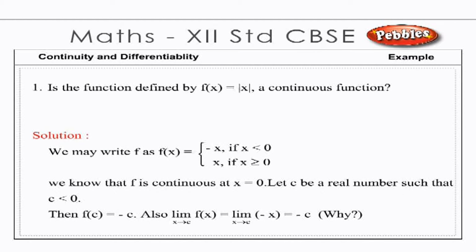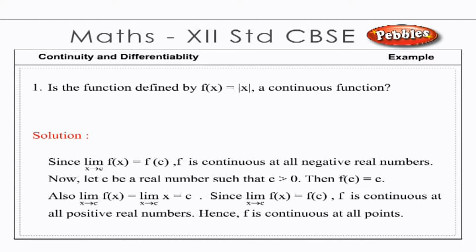Let c be a real number such that c is less than 0. Then f of c is equal to minus c. Also, limit x to c of f of x equals limit x to c of minus x, equal to minus c. Since limit x to c of f of x equals f of c, f is continuous at all negative real numbers.